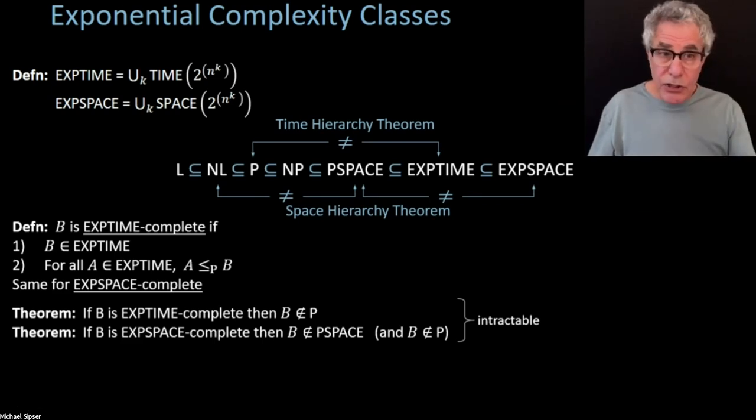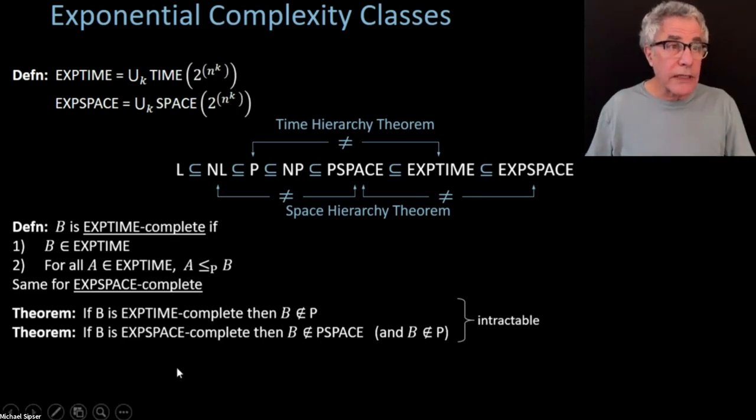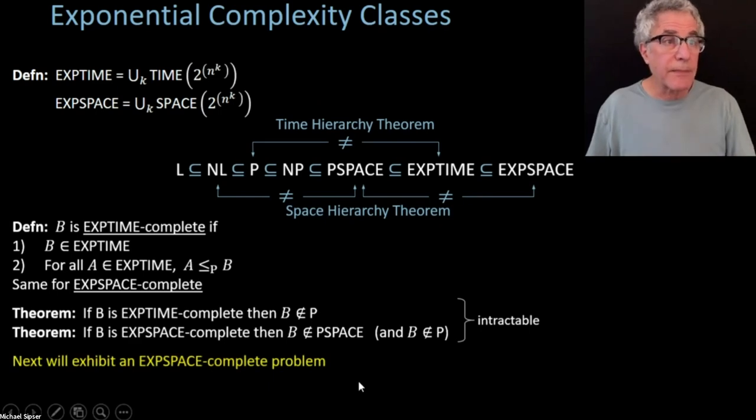And our strategy then for giving a natural intractable problem is to show it's complete for one of these classes. And it's actually going to turn out to be an exponential space complete problem that we're going to give as our example. Okay, so that is the plan.